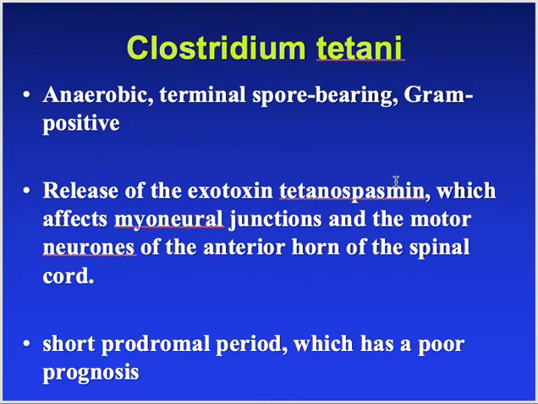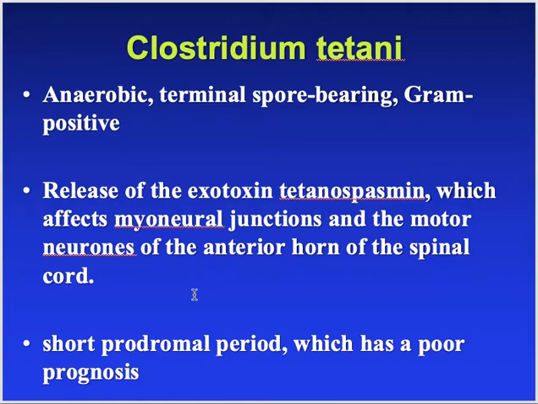This exotoxin, tetanospasmin, ascends through the nerves and affects the motor neurons of the anterior horn of the spinal cord. Due to that, there is spasm in the muscles.